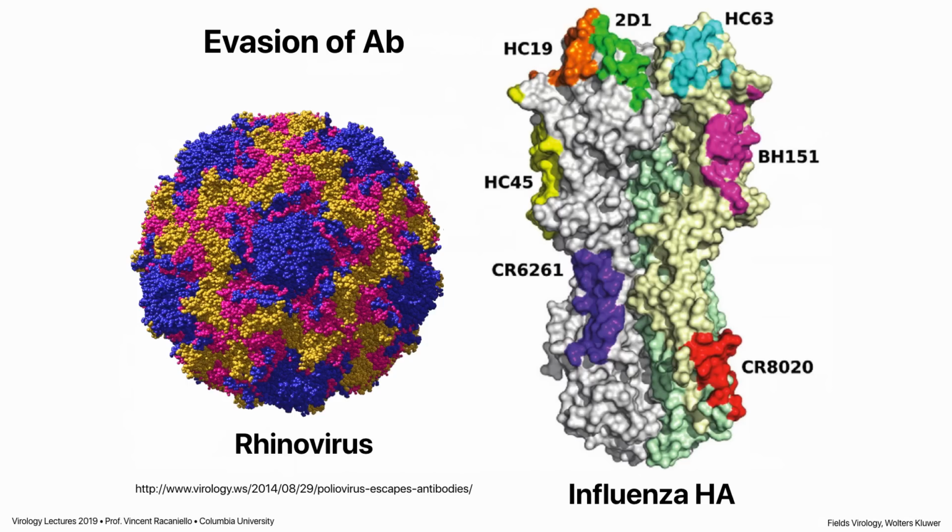And you may say, well, if the host is making antibodies against the viral protein, how can it escape that? It's called antigenic variation. And one embodiment is shown on the left, rhinovirus. So you get infected with a rhinovirus, your body makes neutralizing antibodies against it that block infection.